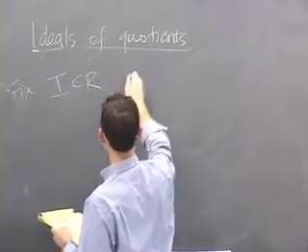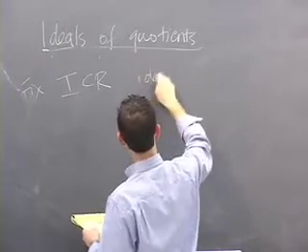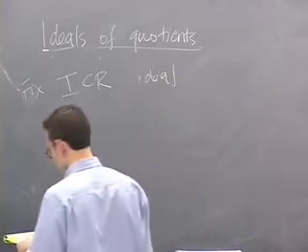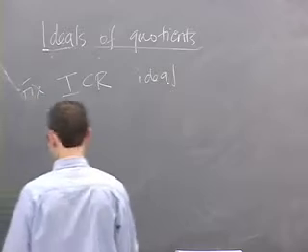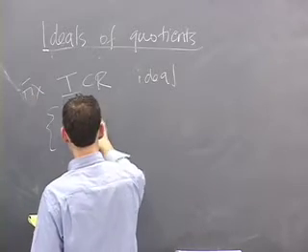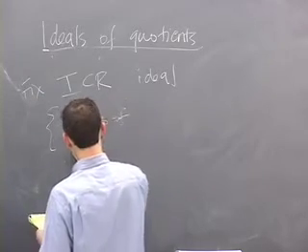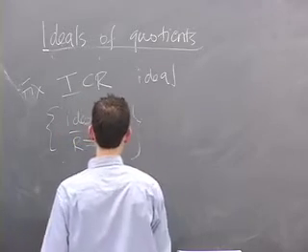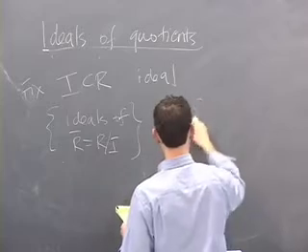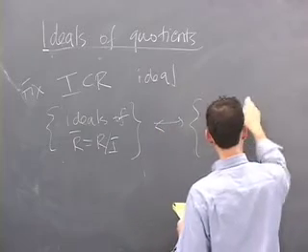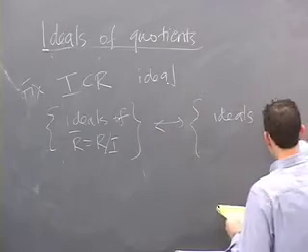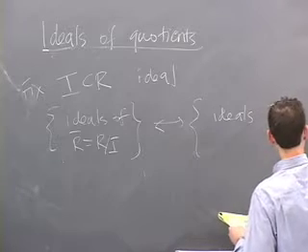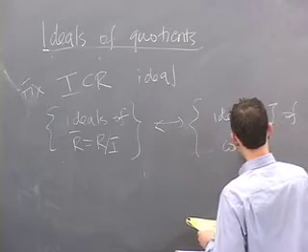Fix I, a subset of R, an ideal in a commutative ring. So the structural result we found was that the ideals of the quotient of R by I correspond to the ideals J of R containing I.